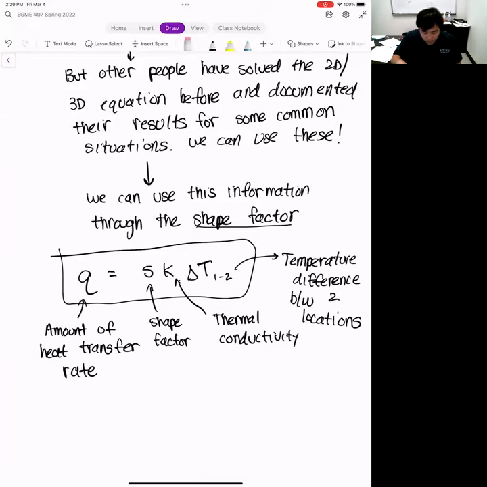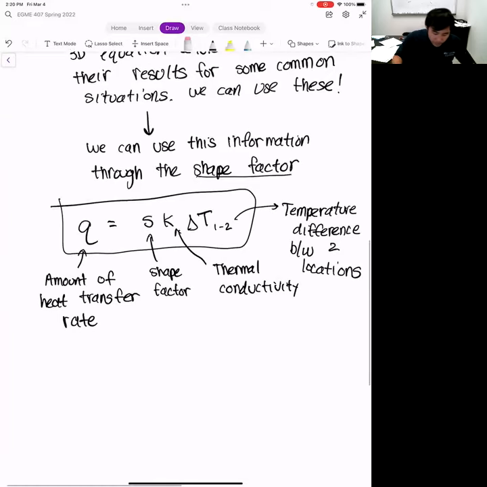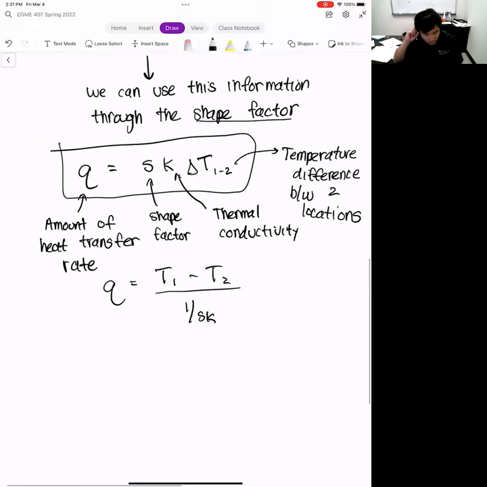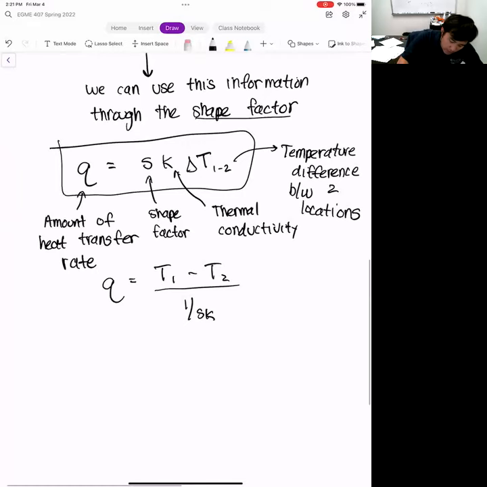All right, and so pretty straightforward. And so if we rearrange this equation, we can make it look kind of like a thermal resistance equation, which we'll go over later. Okay. And so that's just another way to write this equation that gives us the same thing. Okay. All right, and so obviously, the thing here that's most important is the shape factor.